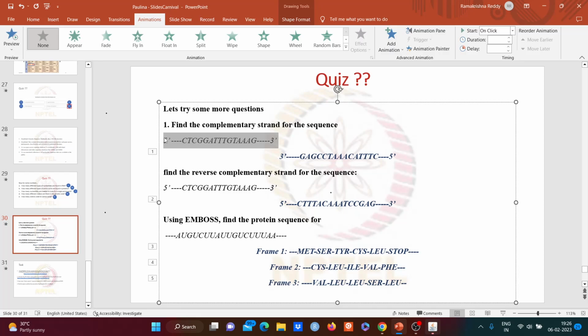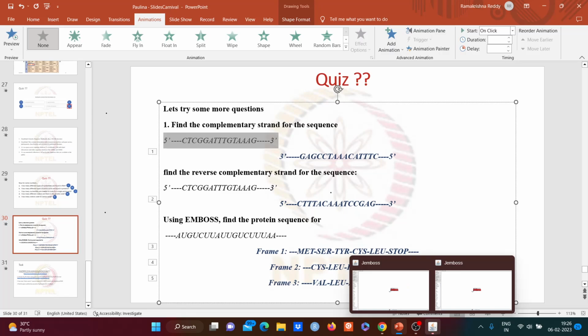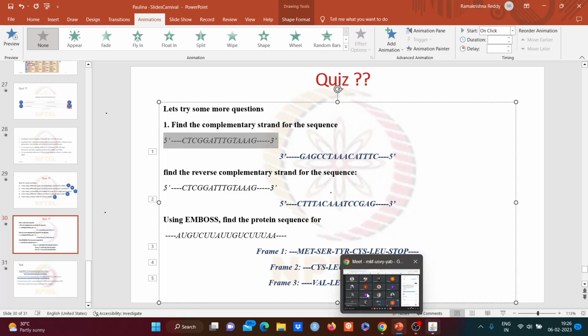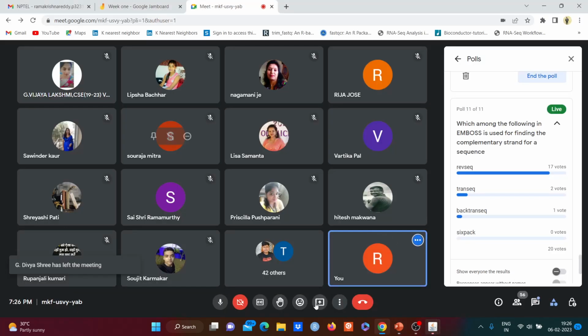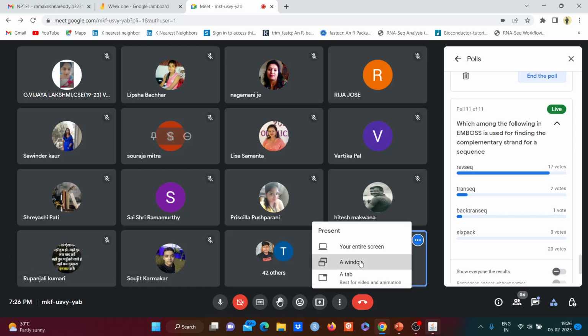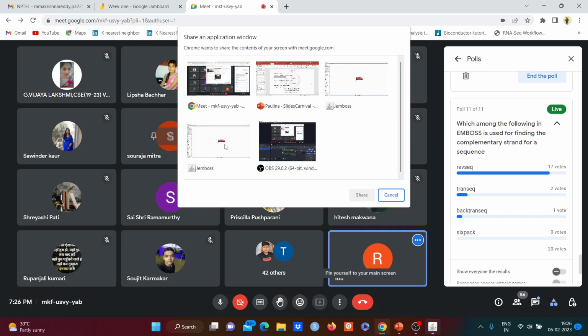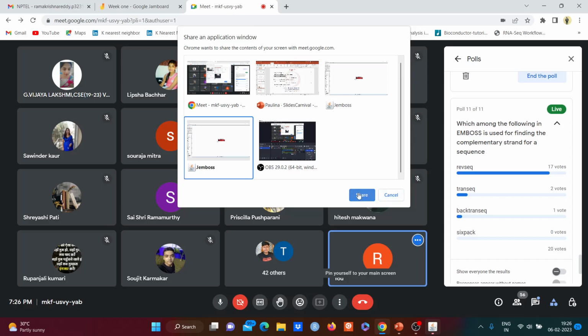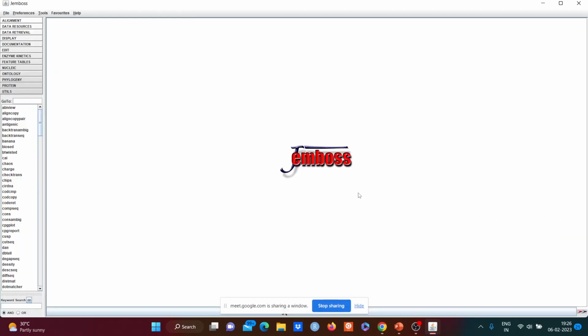Yeah, frame 3 is also correct. Now we'll try to solve the same using the EMBOSS tool. So in the EMBOSS tool, okay, I'll share my screen again. I hope my EMBOSS tool is visible.